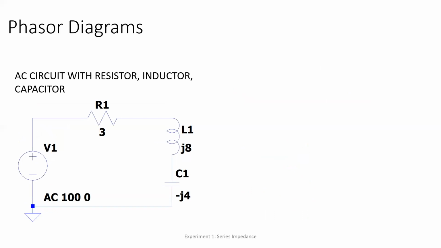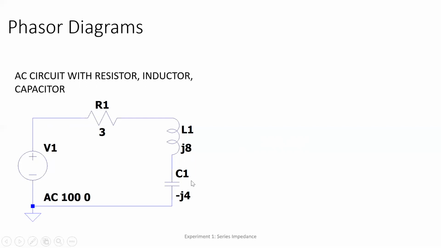So what if we combine R, L, and C, resistor, inductor, and capacitor in a single circuit, in a series circuit? So still we have 100 bar 0 degrees as our voltage, AC source. Then we have 3 ohms as our resistance, J8 for our reactance inductor, and negative J4 reactance for the capacitor.